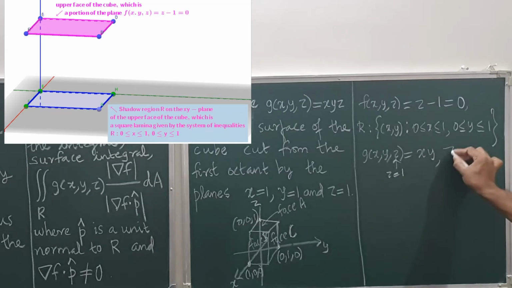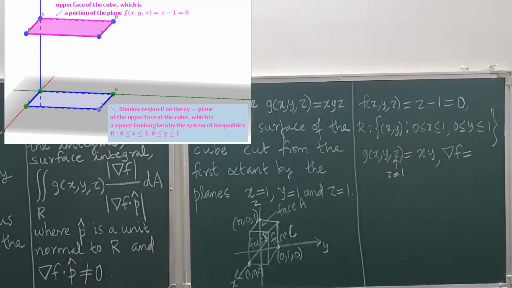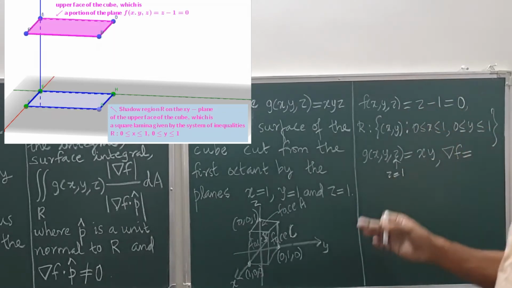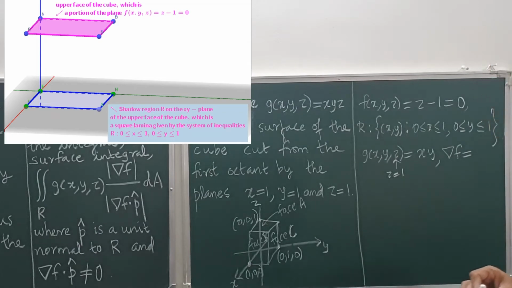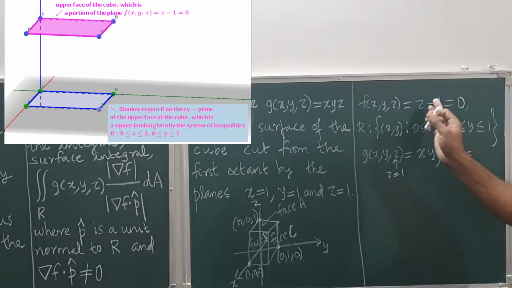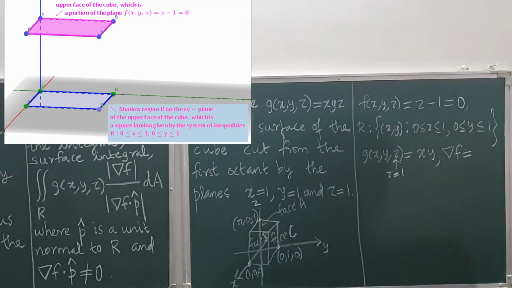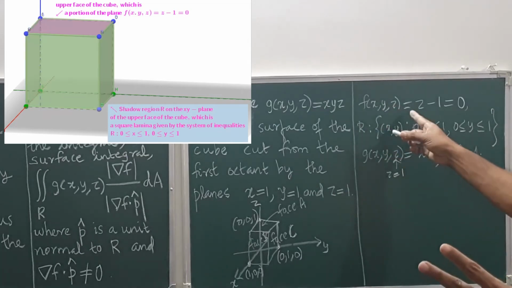And what is grad f? By looking here, grad f is the partial derivative with respect to x times i, plus the partial derivative with respect to y times j, plus the partial derivative with respect to z times k. There is no x variable or y variable here, so we are left with only the partial derivative of f with respect to z times k. So this is 1 times k, because the partial derivative of f with respect to z is 1.